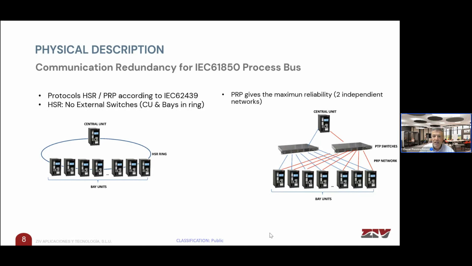PRP is still something stronger than the HSR, because in this case, with the use of Ethernet switches, you may have two independent networks. So even with two problematic points, with two cuts, you still have availability of your system. However, according to the experience and different philosophies of the customers, of the utilities, it's quite usual to go for the HSR protocol and redundancy.